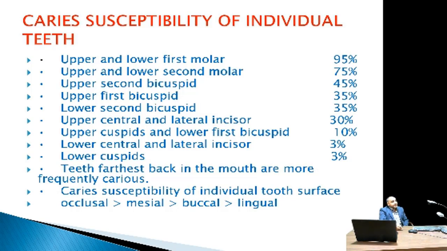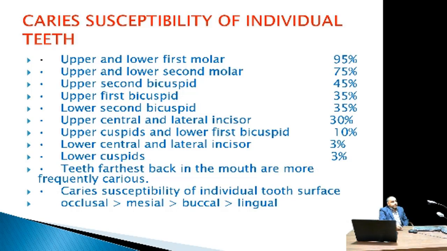Upper second bicuspid, 45%. Upper first bicuspid, 35%. Lower second bicuspid, 35%. Upper central and lateral incisor, 30%. Upper cuspid and lower first cuspid, 10%. Lower central and lateral incisor, 3%.